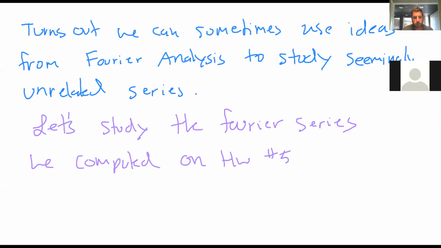Let me double check so I don't misspeak. Yeah, so problem 3 on homework 5. So we studied this function g of x equals x. And remember, we were just restricting it so that x was between negative pi and pi.